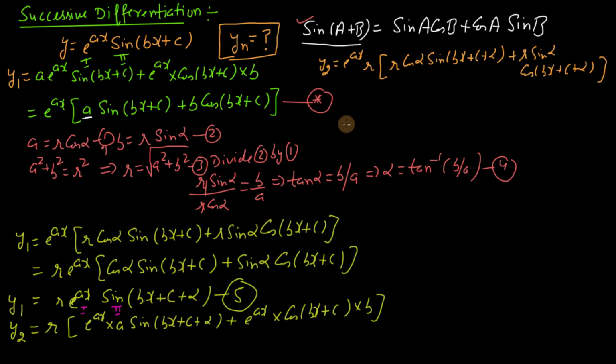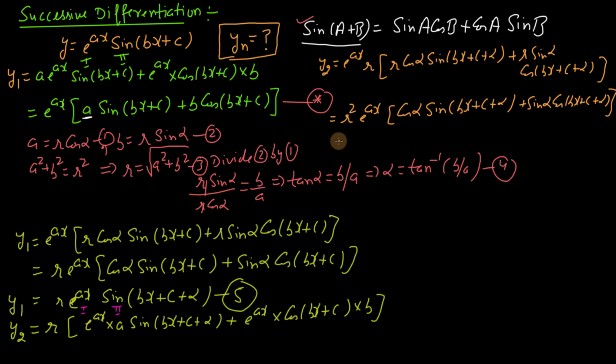Now take r common again. It will be r square e raised to the power ax, cos alpha sine bx plus c plus alpha plus sine alpha cos bx plus c plus alpha.